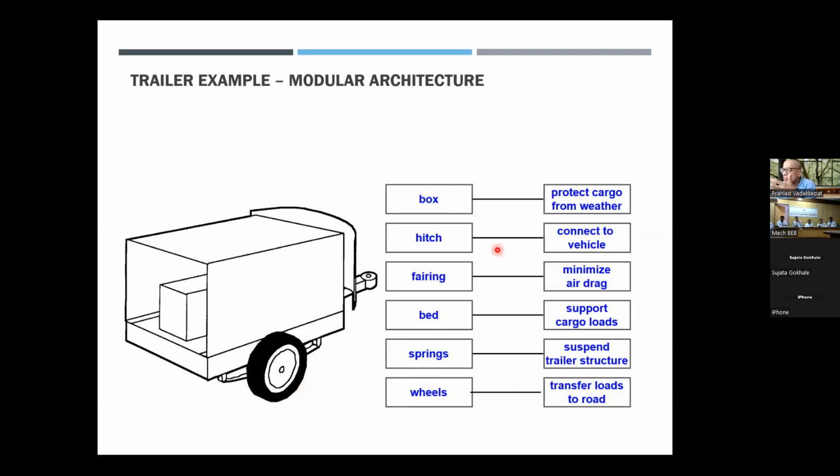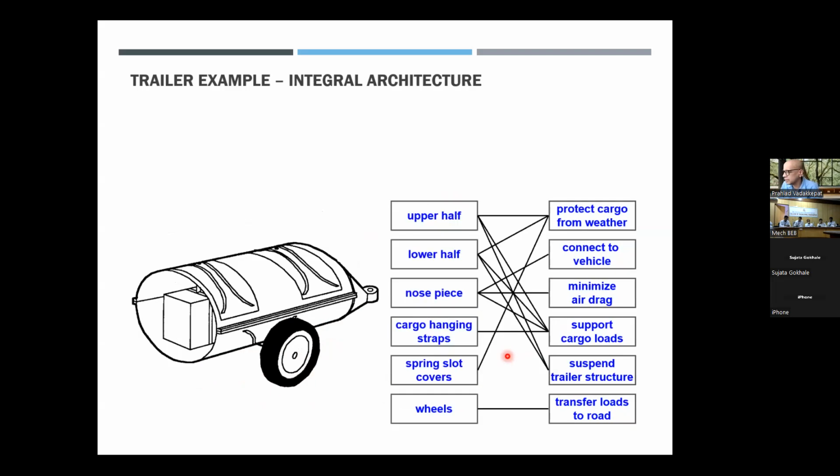So this is modular, but the same thing can be implemented in an integral manner. Here, you see the upper half protects the cargo. It also supports cargo loads. It also acts as a suspension. Similarly, the lower half. The nose piece connects to the vehicle, minimizes the drag, and supports cargo load.